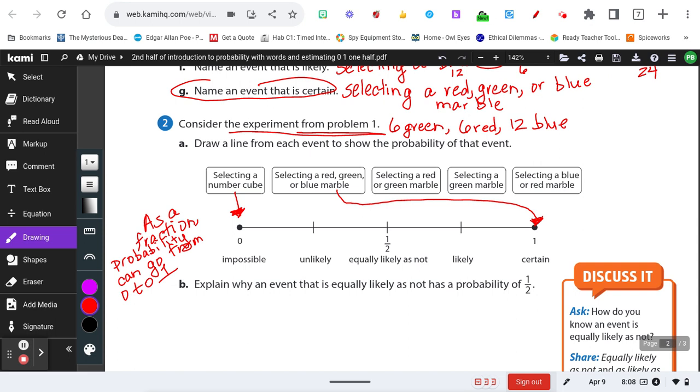If I say between, between kind of sounds like it doesn't include 0 nor 1. But a probability fraction can go from 0 to 1.